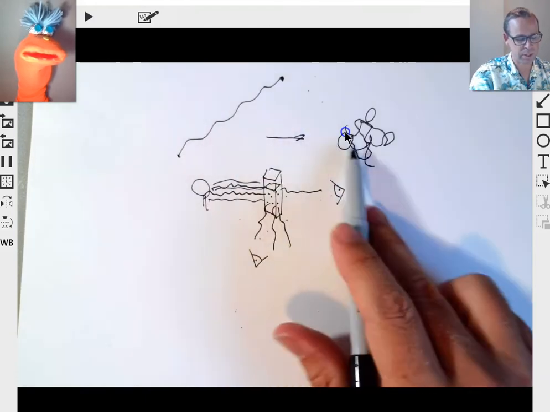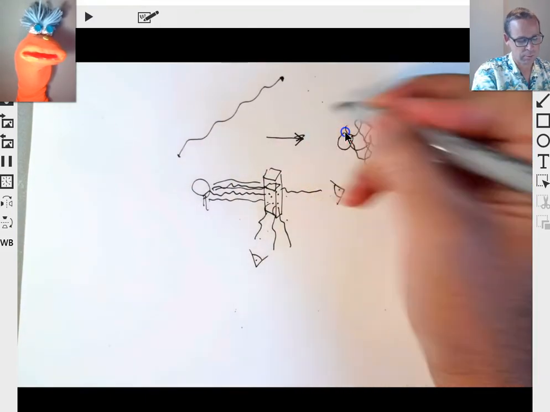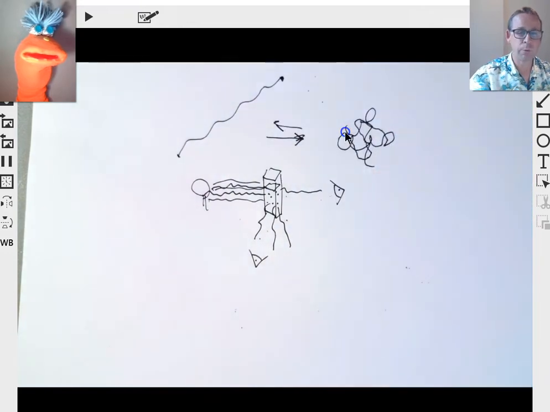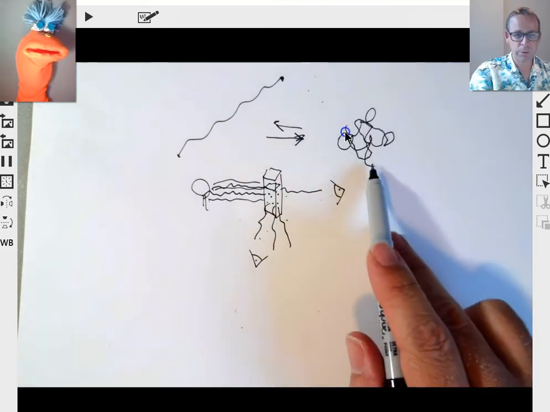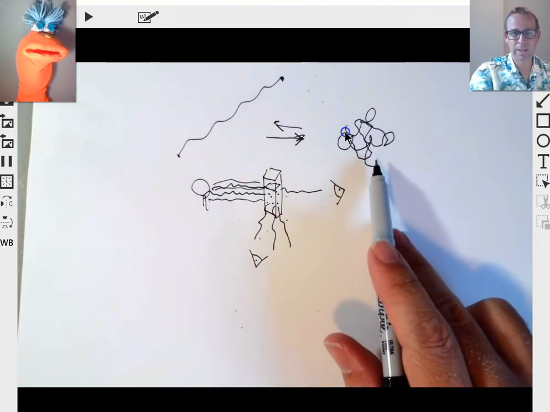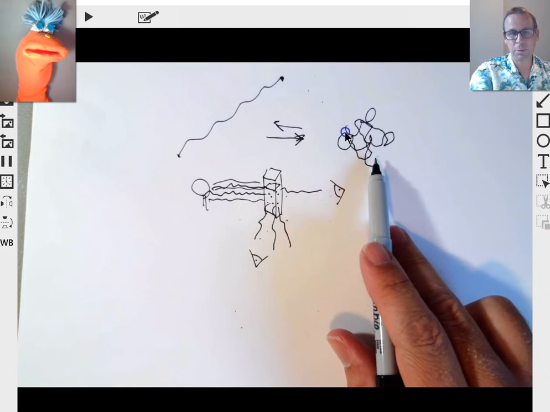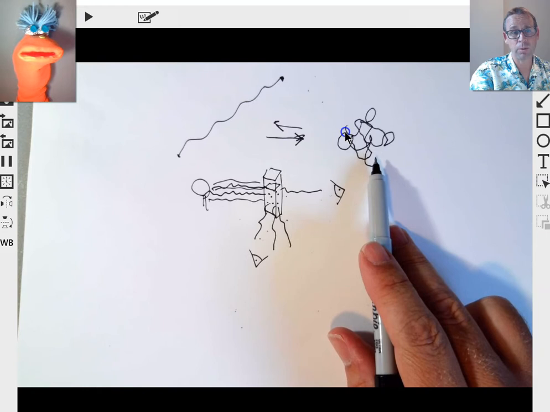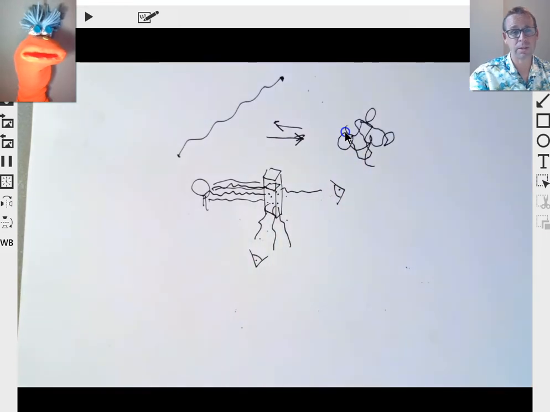But if we could think of it as a folding, maybe an unfolding equilibrium, right? This folded version is the active version. It performs its function, whether it's a catalytic property or whatever function it has, the form here determines its functionality.